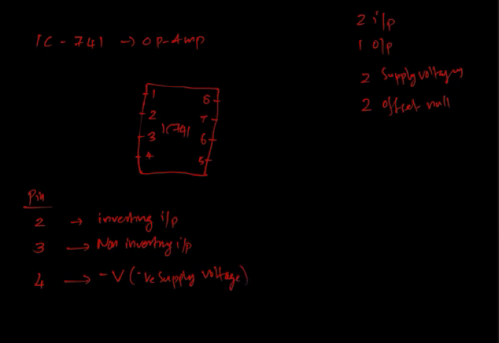Pin number 6 is the output voltage, and pin number 7 is the positive supply voltage, that is plus V.